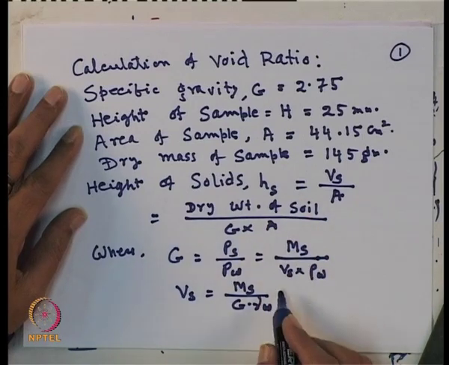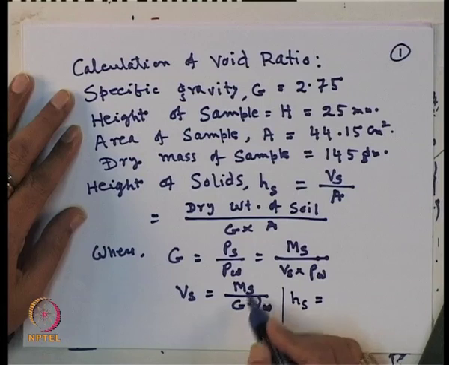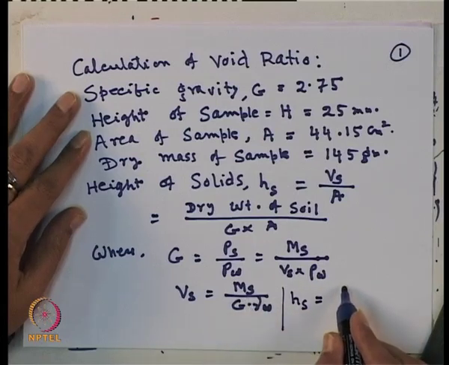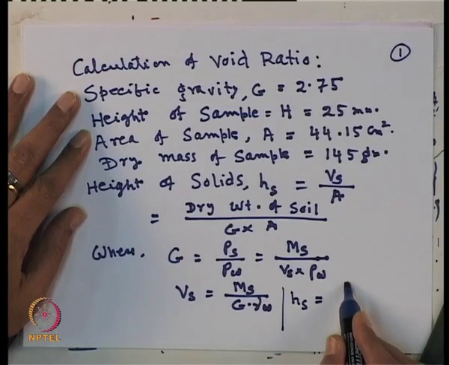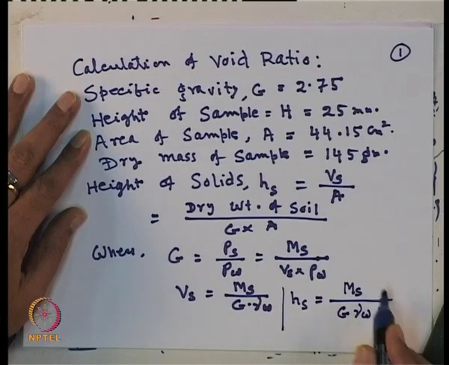That means height of the solid, H_s, you can write V_s is M_s by G gamma_w. Okay. That means you can write the weight of the solid divided by G, and this is gamma_w into A.